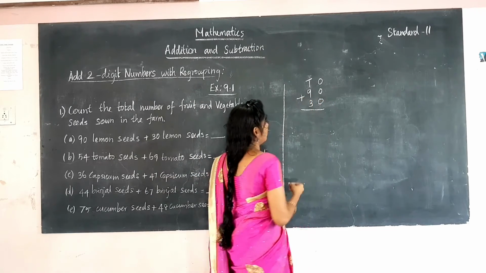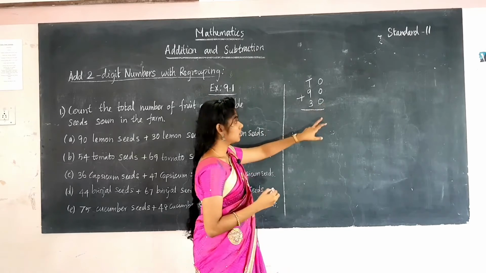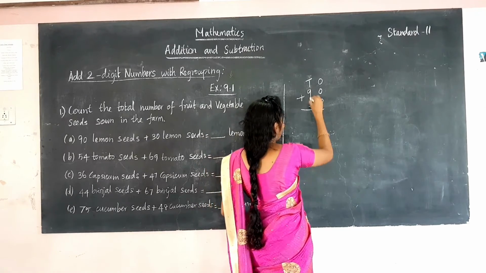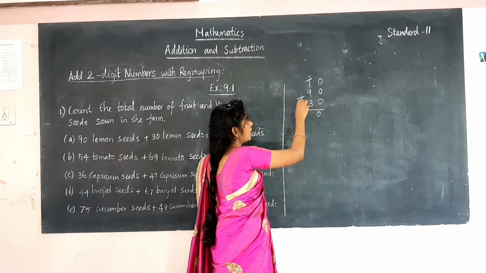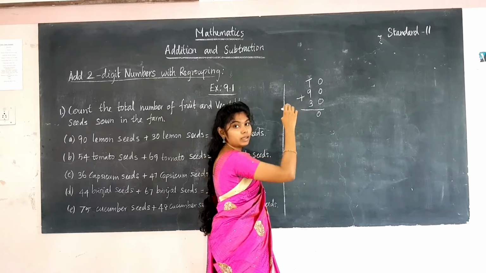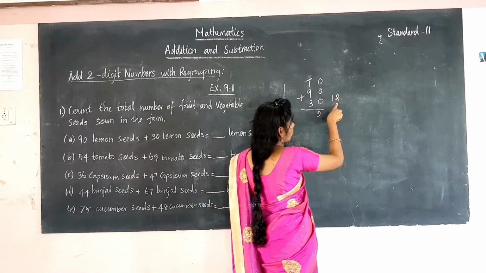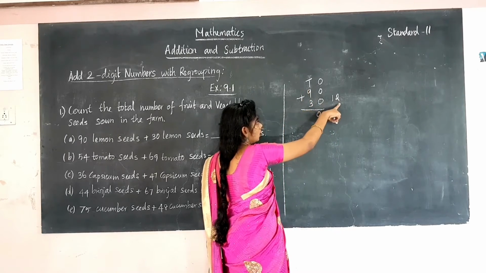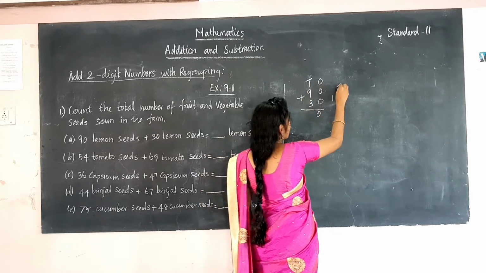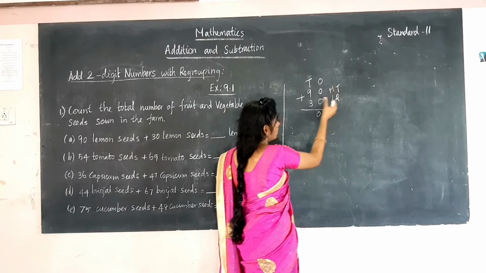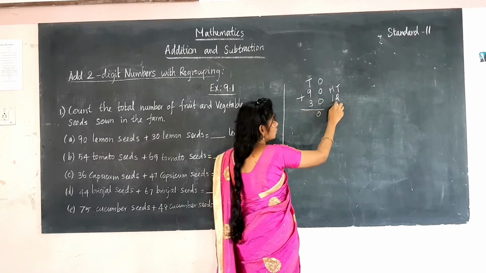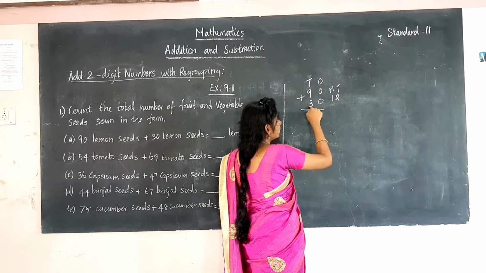Now add the numbers. 0 plus 0 is 0. 9 plus 3, how to add the numbers? 9 in the mind, 3 in the fingers. So 9 plus 3 is 12, so you have to write outside because it is a 2-digit number. So write the places tens and then hundreds. Simply you can write 12 here, or otherwise you can write the places where we have found in the tens place.